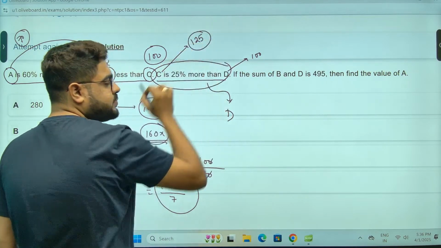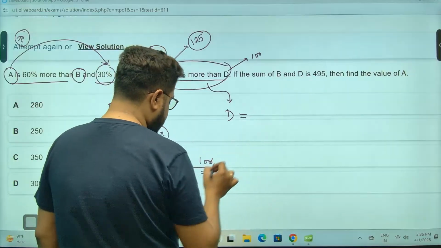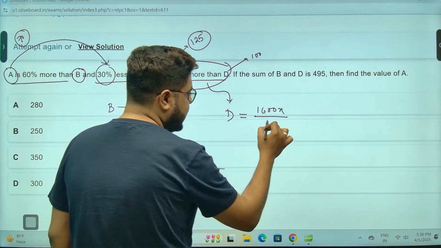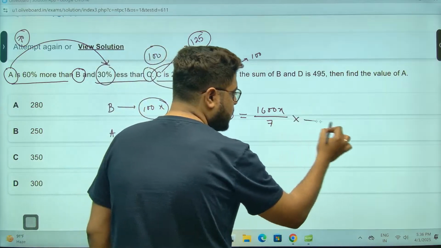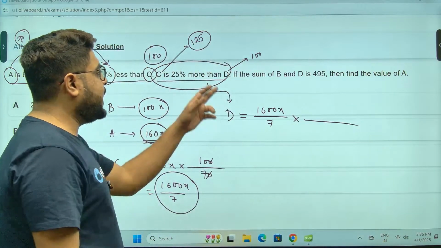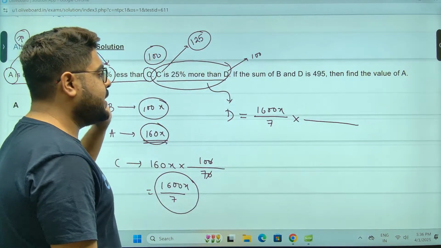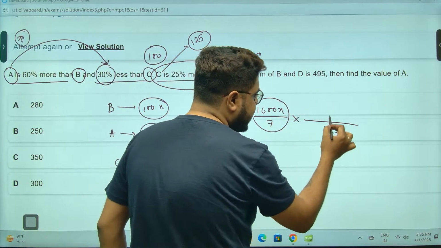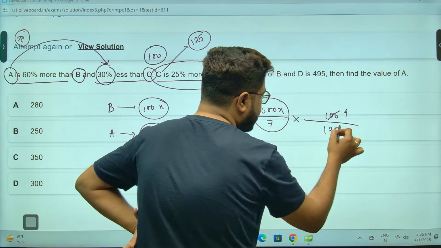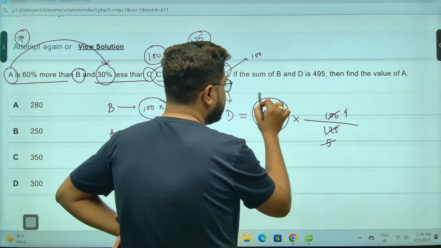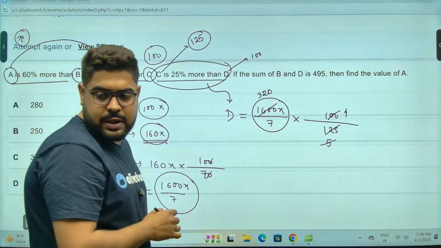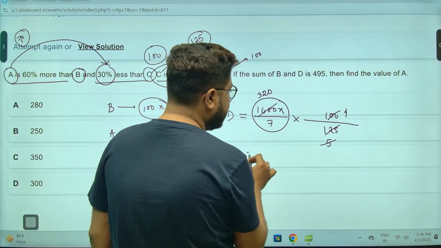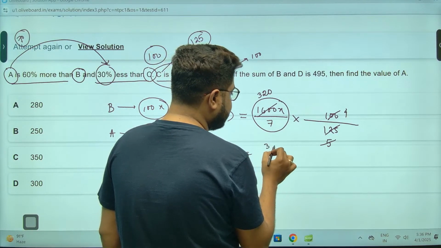C I know is 1600x divided by 7, now into these things. If D is 100, then C is 125. Now this is C, that means this is 125 below. I need D, that means 100 upper. 4, 5, 5, 320. So this is 320 into 4.